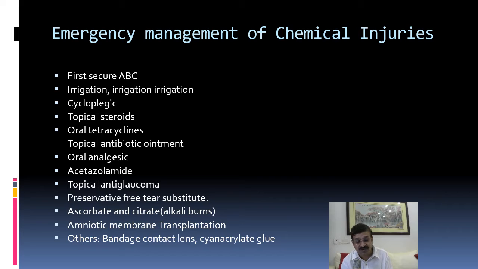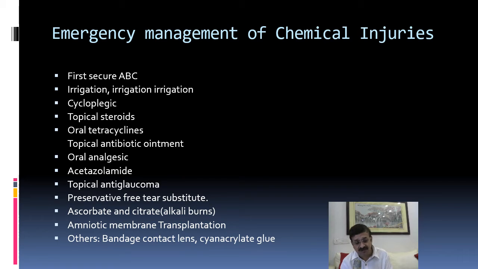And it is important because initially it is seen that whenever there is a burn, whether it is an alkali burn or an acid burn, there is a tendency of distortion of the trabecular meshwork, resulting in an acute increase in the intraocular pressure. So this has a deleterious effect on healing of the cornea, and hence we must give something to relieve the intraocular pressure, and we give systemic acetazolamide.